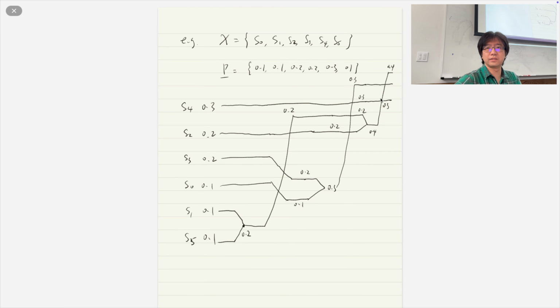Okay, and now we can see these 0.3 are the smallest, so we combine those. And then we have a 0.6, and with this 0.4, okay, hopefully it works, and then we're done. Okay, and then this is 1. So this is our Huffman coding tree, and then we're done, right?